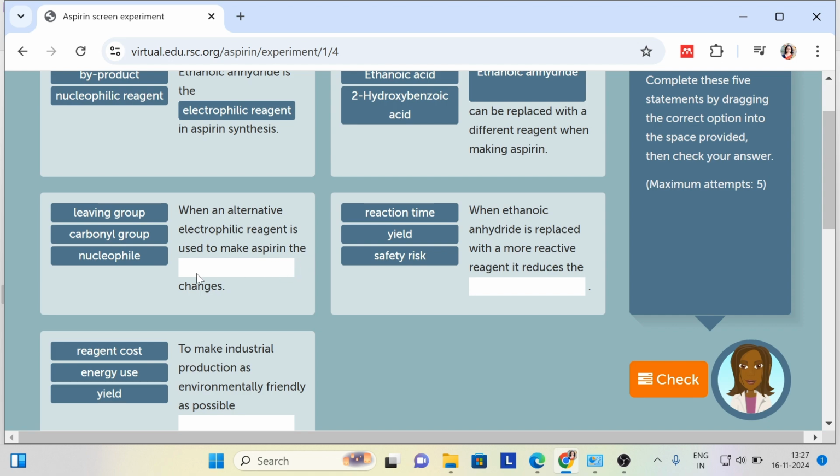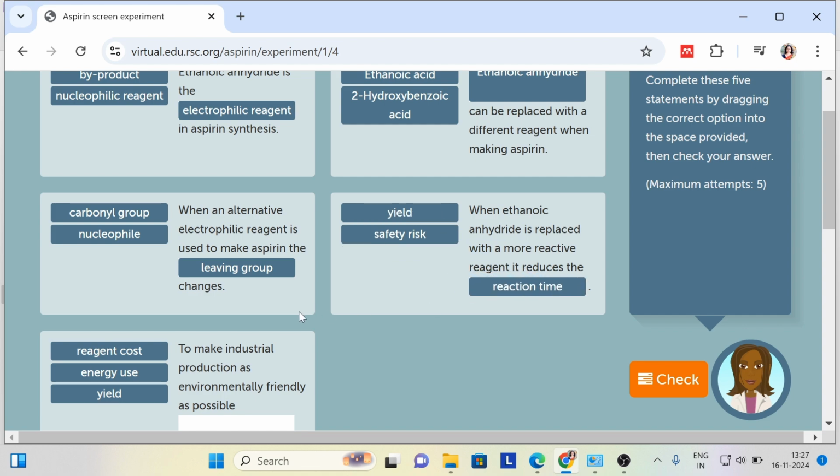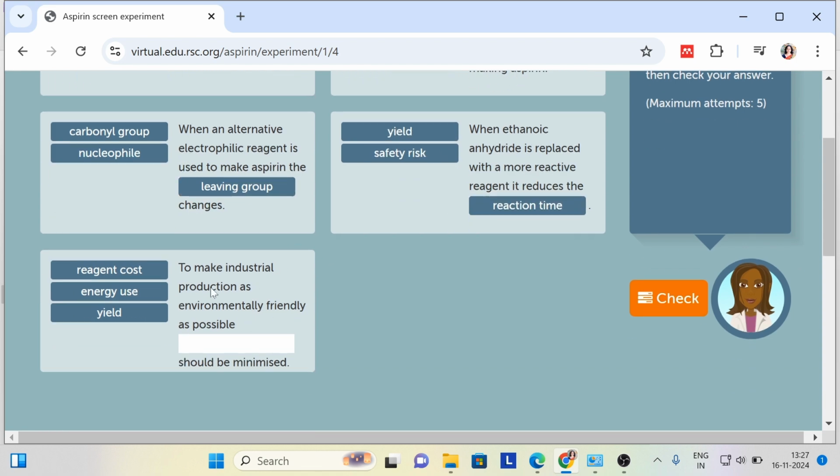What changes? Leaving group changes. When ethanoic anhydride is replaced with a more reactive reagent, it reduces the reaction time, making the industrial production as environmentally friendly as possible. Reagent environment friendly, so energy use should be minimized.